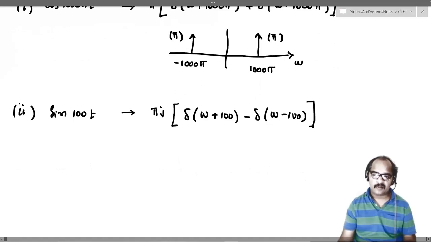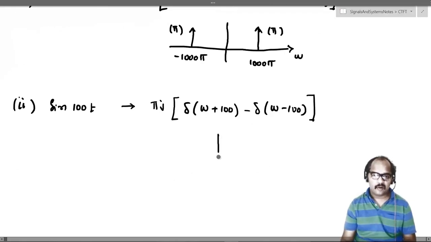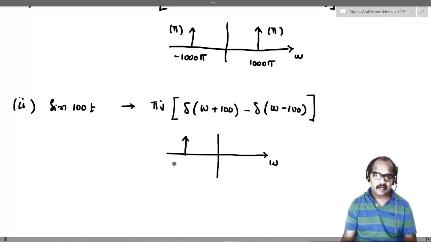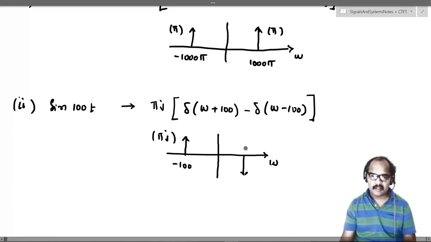So if you plot this, how does the plot look? The plot looks like this, correct? You have a Dirac delta at minus 100 with strength pi j, and another Dirac delta at 100 with strength minus pi j. So this would be the Fourier transform of sine 100 t.